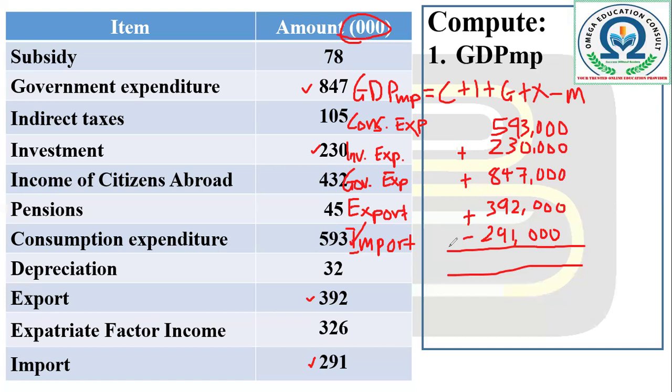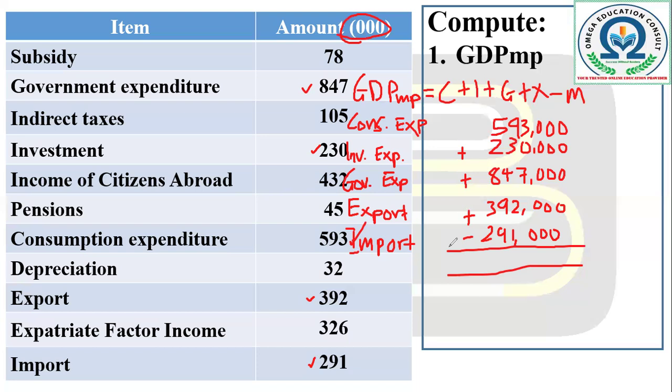Okay, so let's do it together and see how you arrive at your answer. So we have 593,000 plus 230,000 plus 847,000 plus 392,000 minus 291,000.